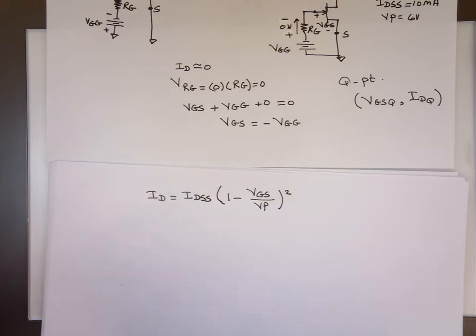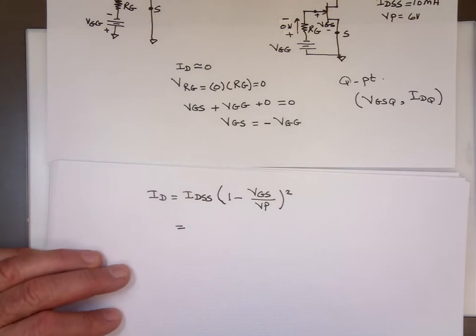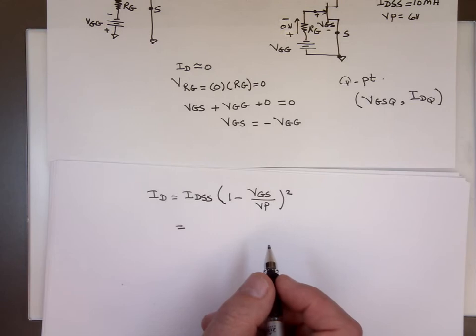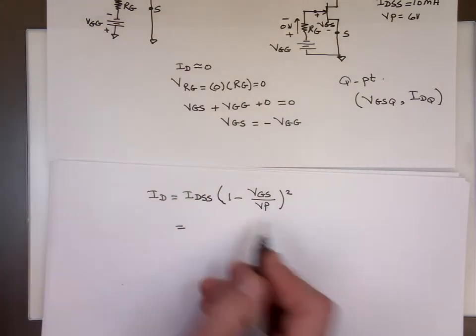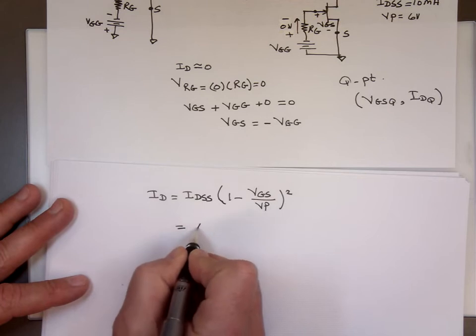So that will give you the value of the current going through it. Your Q point here, for this example, remember, VGS is equal to negative VGG here, and VP is negative 6 volts here. So I'm going to write, I use 10 milliamp.